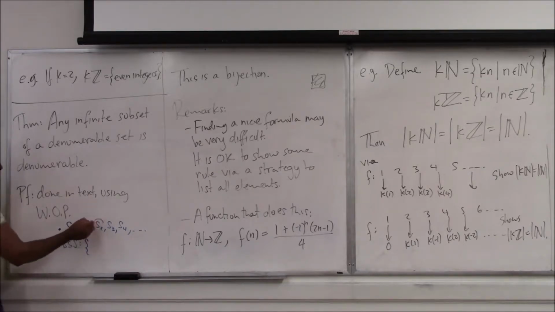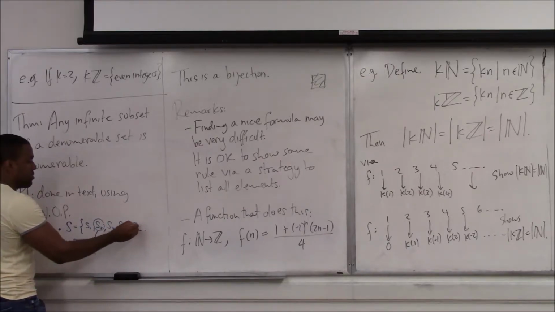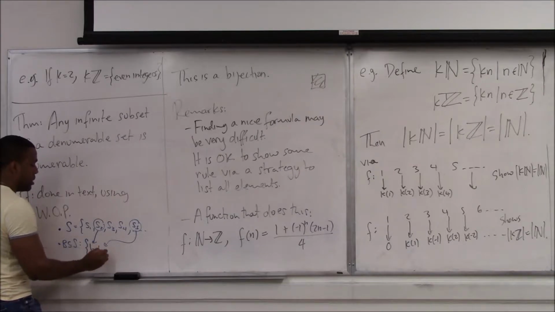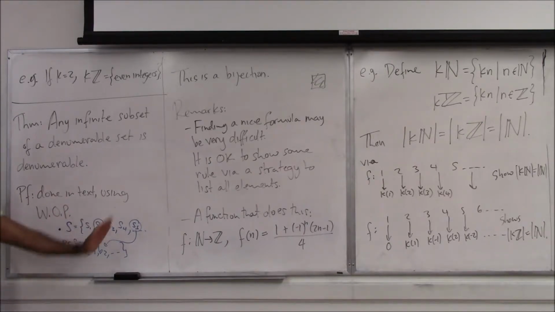So let's say it picks S2 and renames it B1, then it picks S5, renames it B2, and so on. And basically it shows that you can create a list of elements, and it starts by looking at the minimum value of the subscripts that you can use. That's where the well-ordered principle comes in. But yeah, if you have a denumerable set, something you can write in a list, then any infinite subset of that, you would be able to write in a list just by renaming the subscripts. You do that by the well-ordered principle.